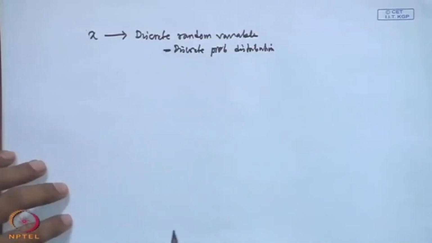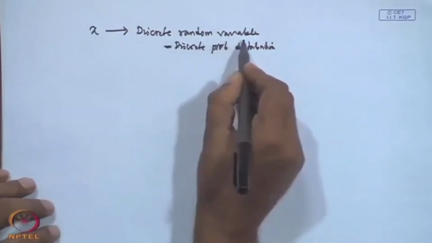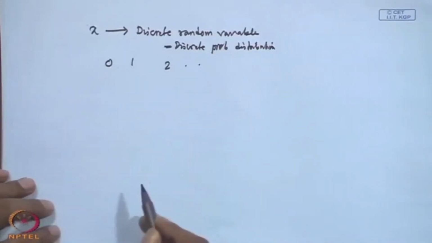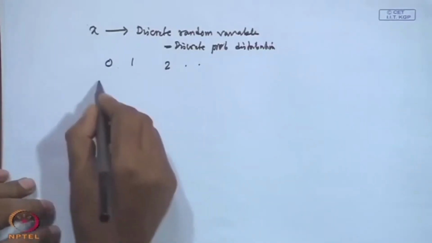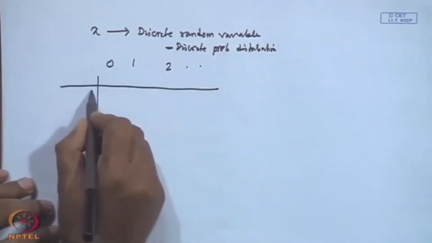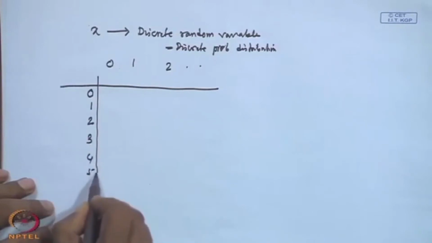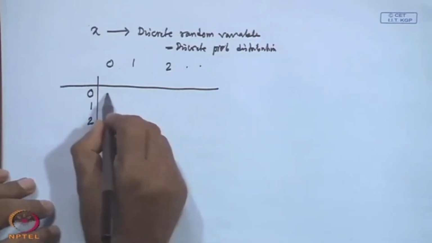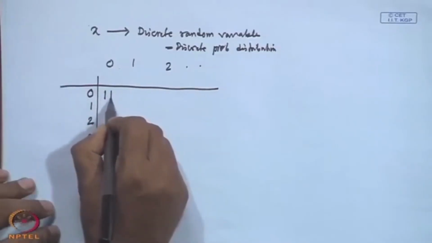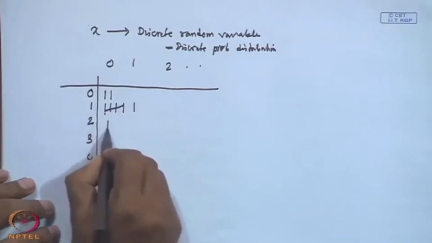Later on we will see. But what you can see very easily is that suppose x is a discrete variable, it can take values 0, 1, 2, 3 like this. Then you make a tally chart for frequency of 0, 1, 2, 3, 4, 5, putting a mark each time you get that count.